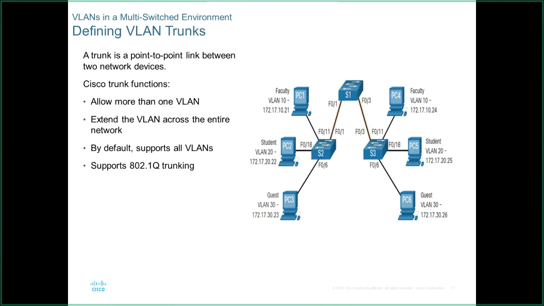So all the traffic from all the VLANs come together to travel across the same piece of cable. And the most common trunking protocol that is used out there is 802.1q. Okay, that's the industry standard. There are other trunking protocols out there, but that's the most common one.